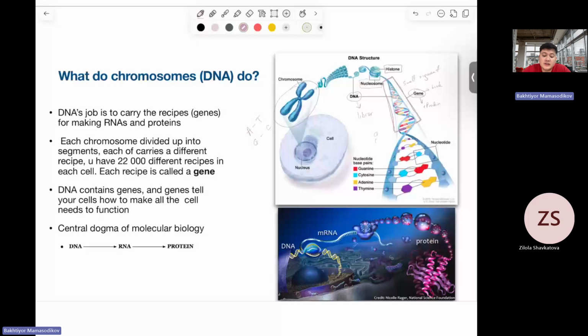For example, inside your body you have antibodies which fight infection. They send messages, for example, insulin. They control all the reactions. For example, insulin is going to control the reaction of the chemicals inside the body.